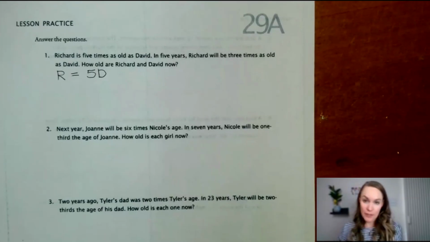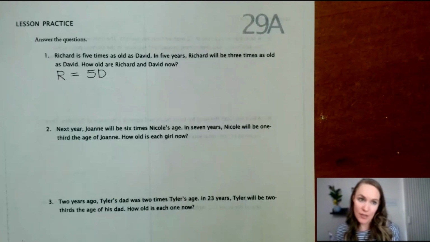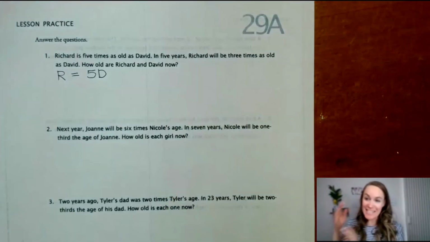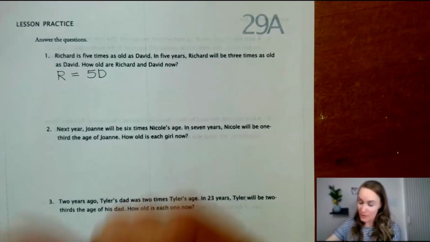In 5 years, Richard will be 3 times as old as David. So Richard today is R, but Richard in 5 years would be R plus 5.